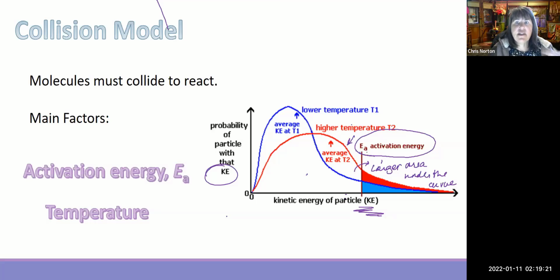So increasing the temperature will get more molecules over that threshold, so more will react. Increasing the temperature will not change the activation energy required. It just pushes more molecules across that finish line as it increases the area under the curve.